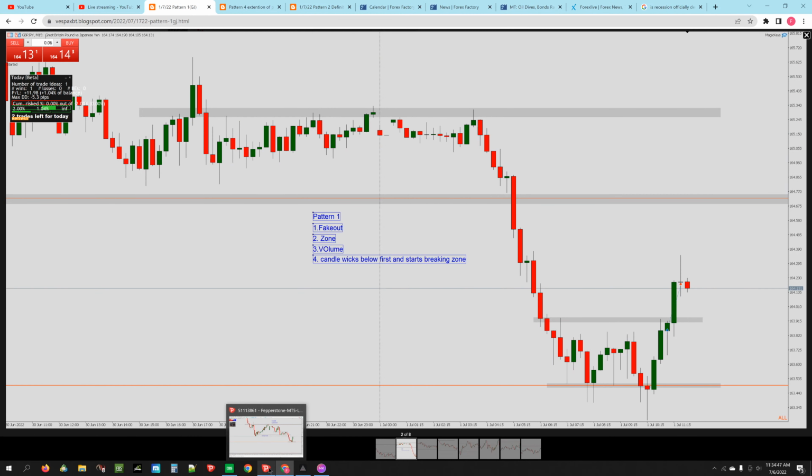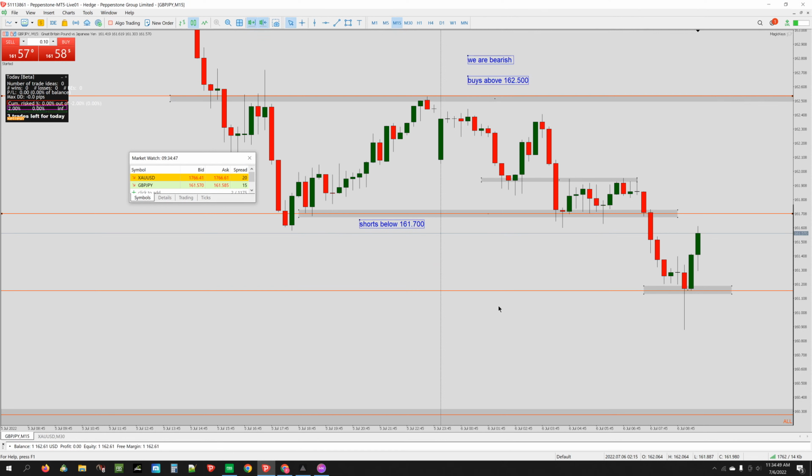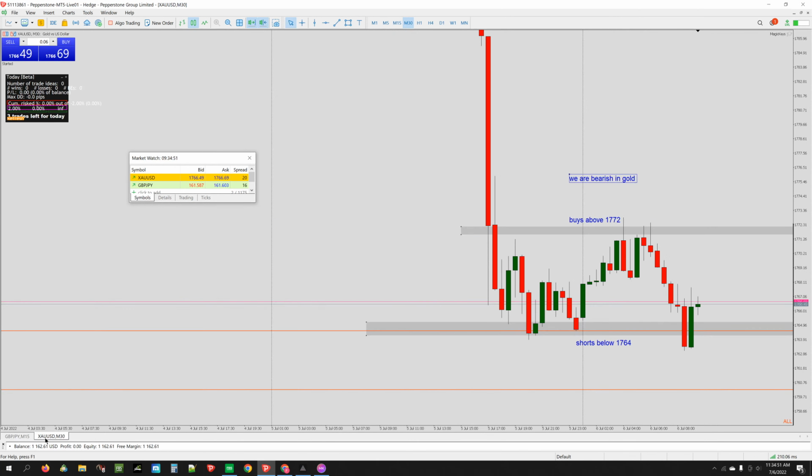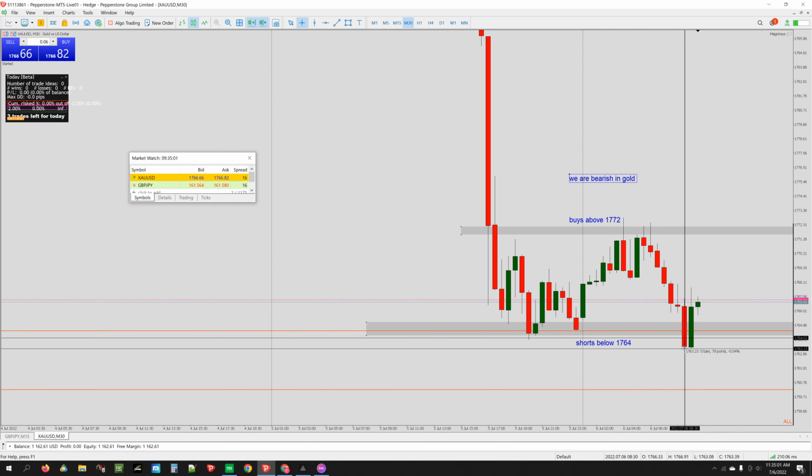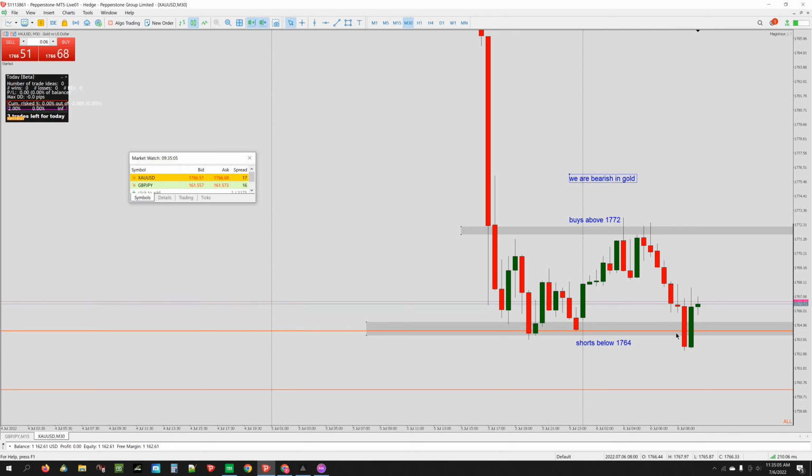So we are just waiting at this point. In gold, our analysis is simple. We were shown shorts below 1764, but we didn't execute on these shorts because this trade was out of our pattern.